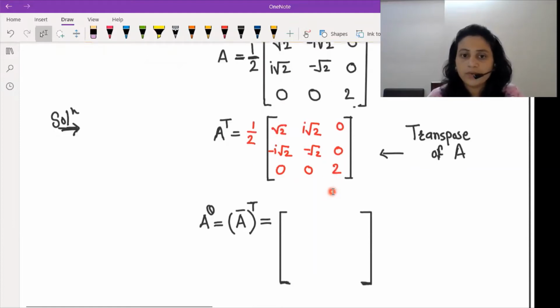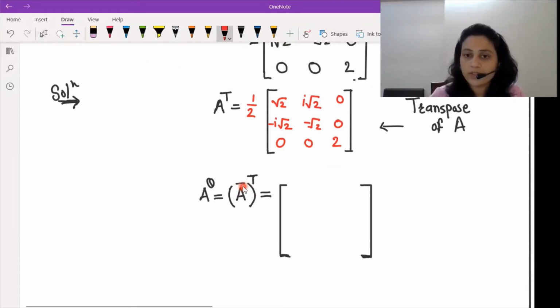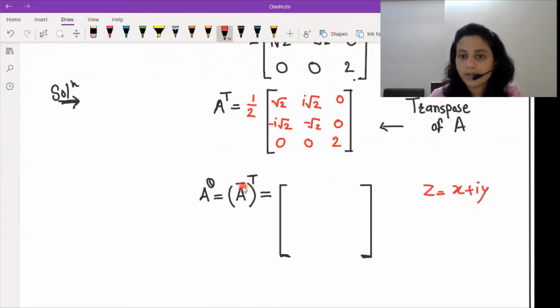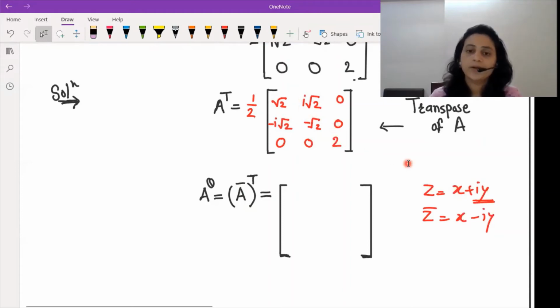Now we need to find the bar, that is A raised to bar, which is nothing but the complex conjugate. Suppose Z is equal to X plus iY is our complex number, then Z bar is nothing but X minus iY. So in this case, we need to change the sign of the imaginary part. Here also we are going to change the sign of the imaginary part.